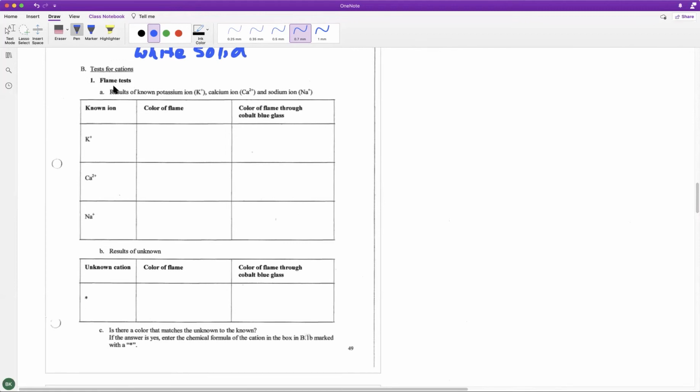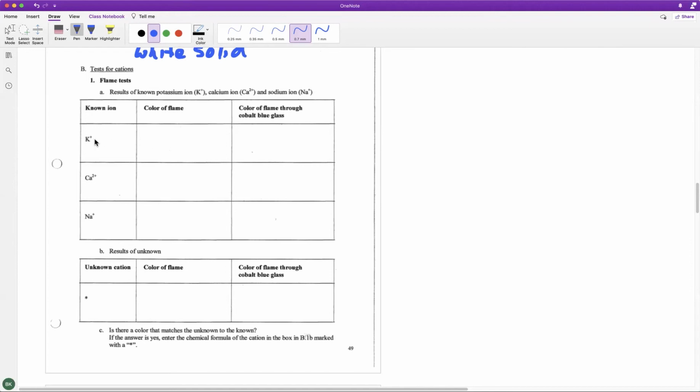When you do tests for cations, a common test is the flame test. Different cations will give different colors of flame in a Bunsen burner. The Bunsen burner is blue when it burns, looks just like natural gas like you would have at home, because it is natural gas.